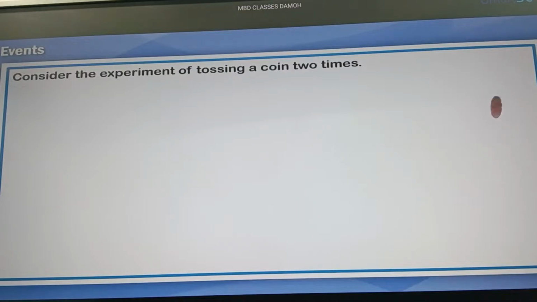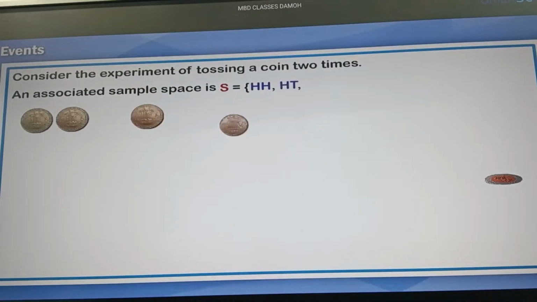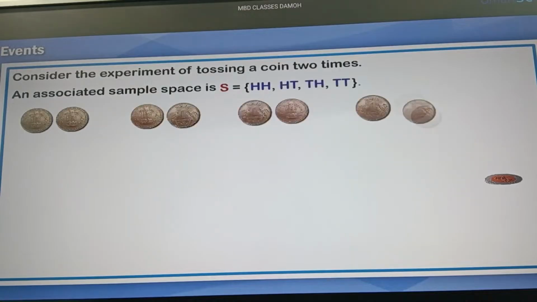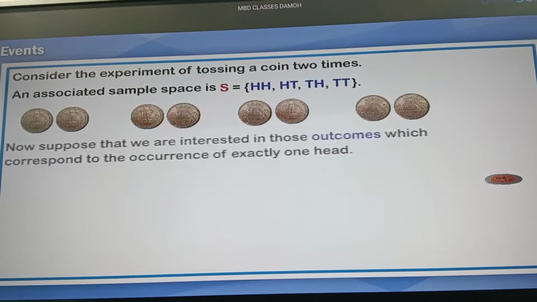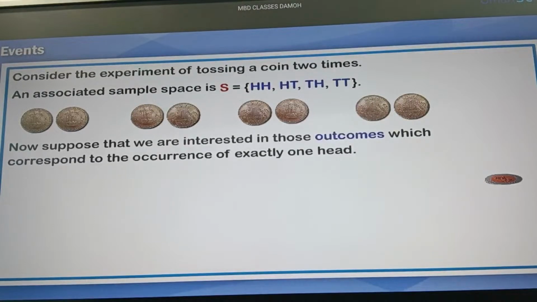Events. In this module, we will learn about events. Consider the experiment of tossing a coin 2 times. An associated sample space is S = {HH, HT, TH, TT}. Now, suppose we are interested in those outcomes which correspond to the occurrence of exactly one head.